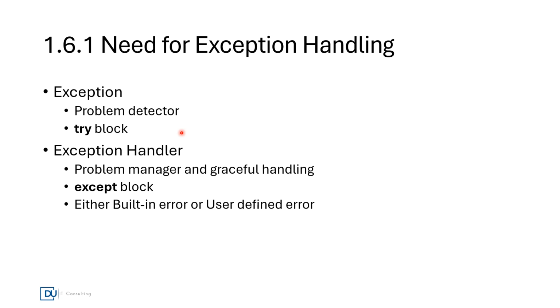Now, when a problem is detected, we try to handle it using an except block, and typically it's called an exception handler. So we are managing the problem and gracefully closing the program execution. It could be either a built-in error or a user-defined or custom exception.